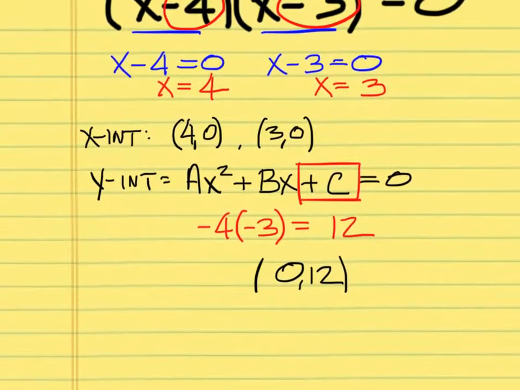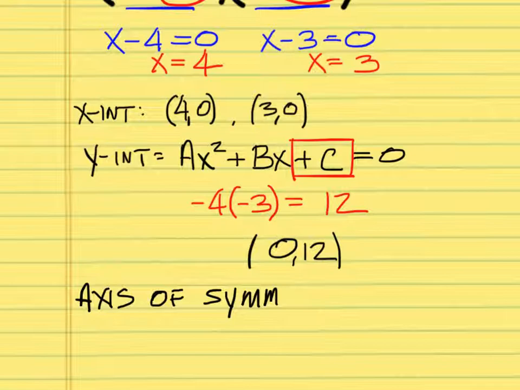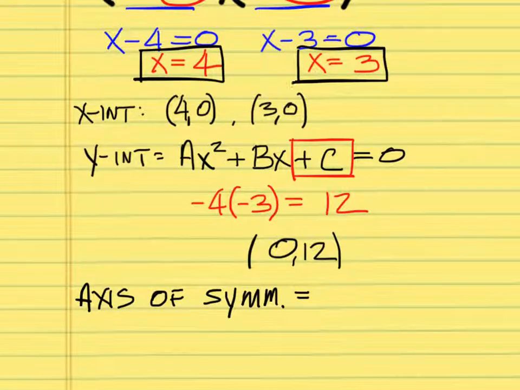The next thing is the axis of symmetry. The axis of symmetry is a line that cuts the graph into 2 equal parts. In other words, it's the x value of the vertex, which we found before, just not in this form. Come back to the top and look at this. You have 4 and 3.